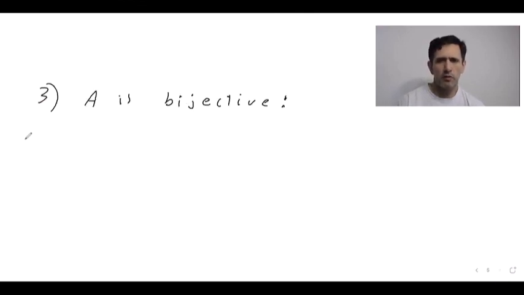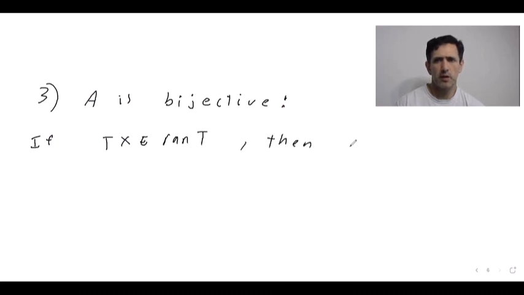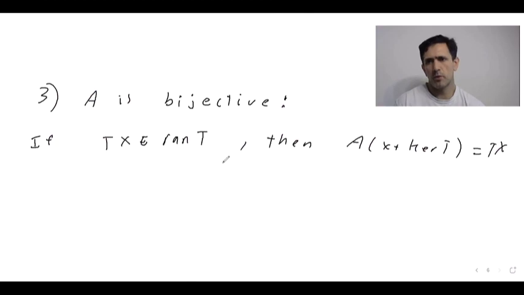Well, the fact that A is surjective is pretty trivial. So let's say we have Tx in the range of T. Not a whole lot to this. A of x plus the kernel of T is Tx, so that proves A is surjective. Injectivity is easy too.